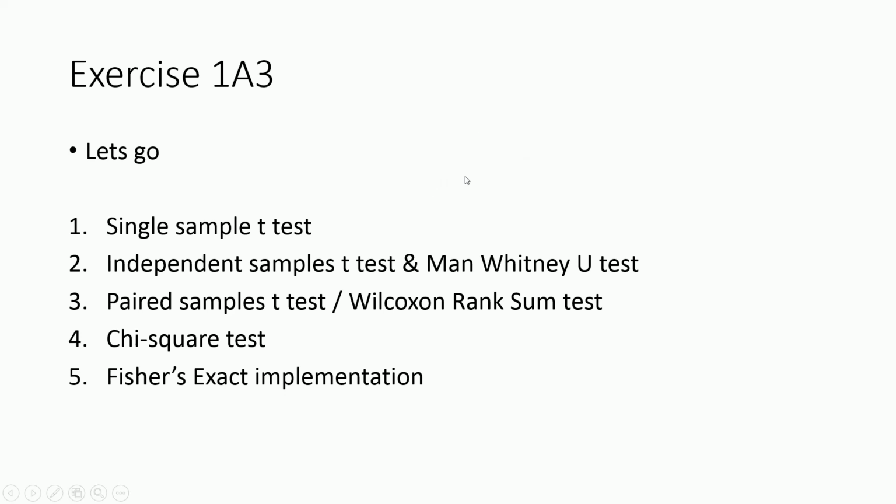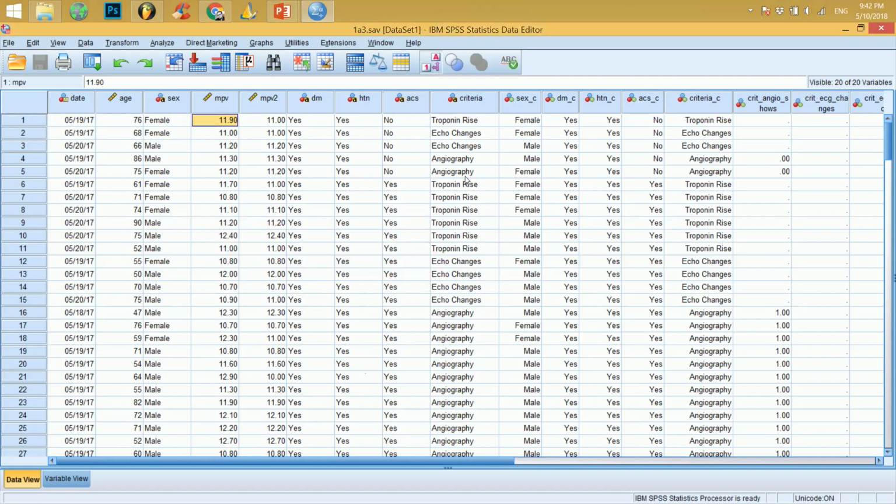So let's get started with the first test, which is single sample t-test. Now I'll be performing these tests on this sample data. This is data from one of my research projects, and this is about all the patients who came into the emergency department with complaints of chest pain and presumably myocardial infarction.